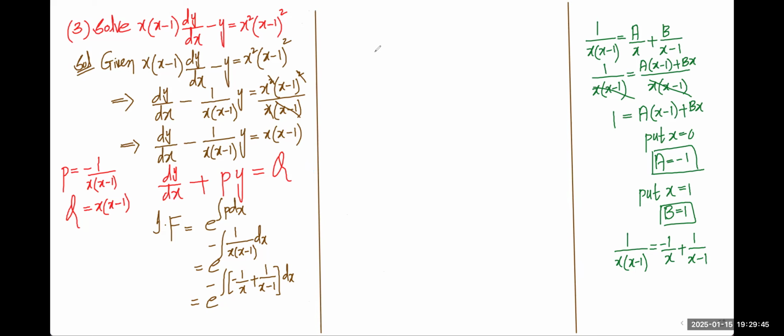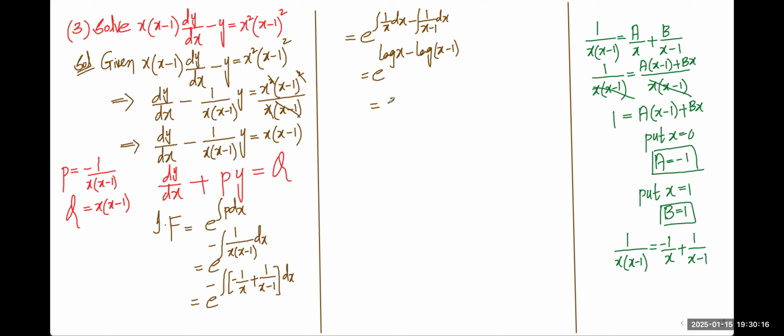So this is equal to integration of minus into minus plus integration of 1 by x, applying dx individually, and this becomes minus 1 by x minus 1. Integration is e power: 1 by x integration is log x, minus again 1 by x minus 1 form is log of x minus 1.